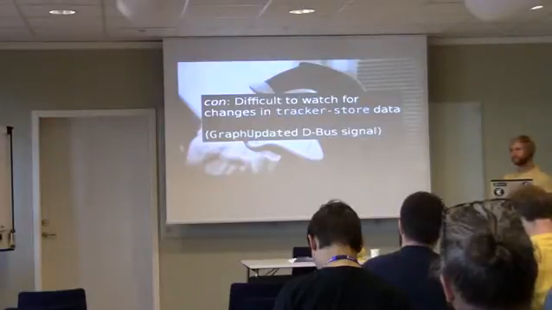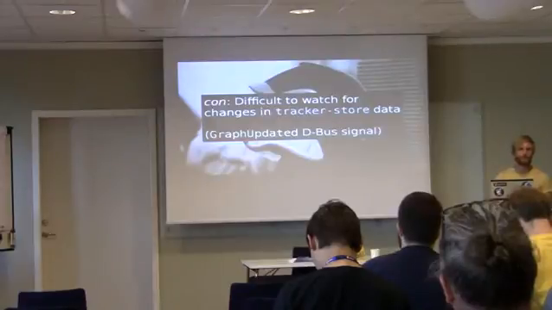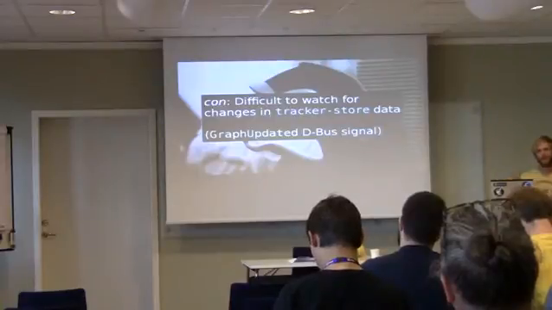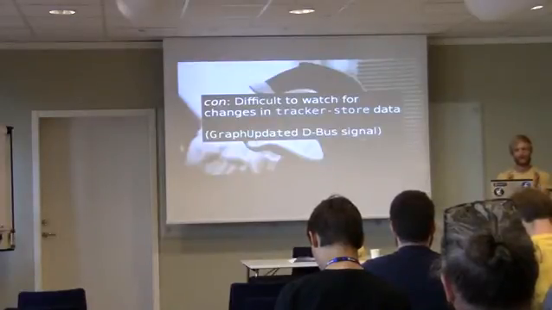Change notification from the database is difficult. It's possible, and I noticed in Grilo that it does have code to watch the graph updated signal that the store emits. So that's great, but if you try and watch it yourself, you'll think, okay, what I wanted was some data, and instead you've given me 4 numbers. And so you then have to query Tracker and ask it, okay, what do these 4 numbers actually mean?